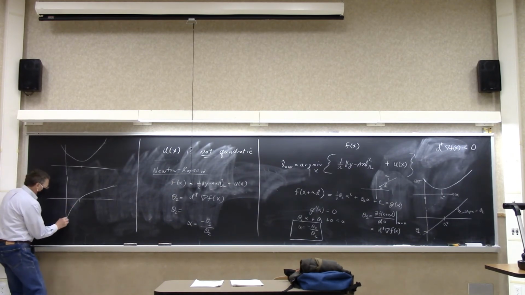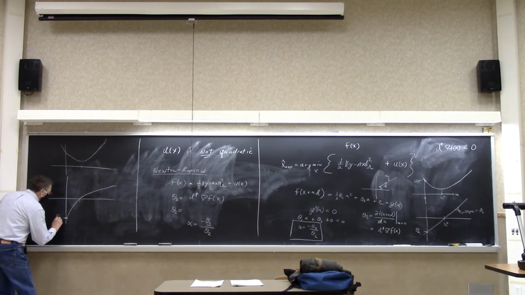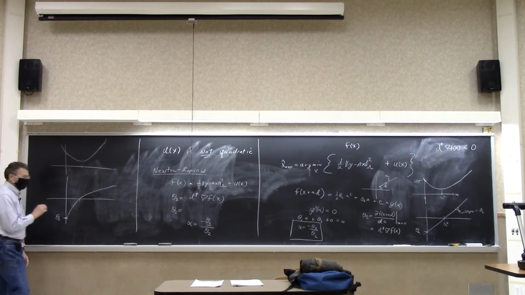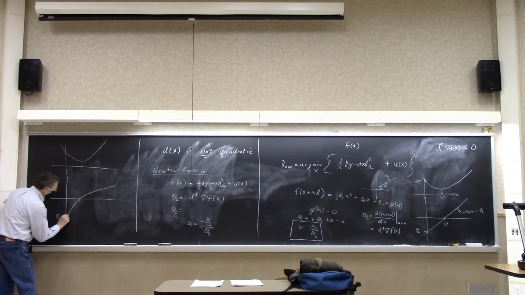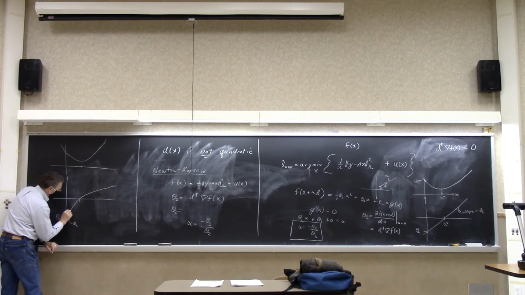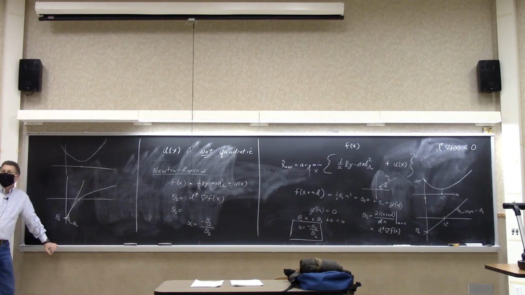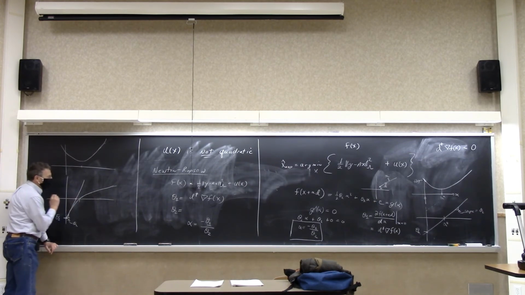So now what will happen is if I use the Newton-Raphson algorithm, this is theta 1, right? And then the slope here, that's theta 2, correct? So this will be the solution.